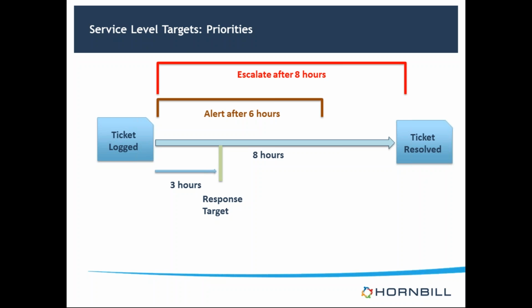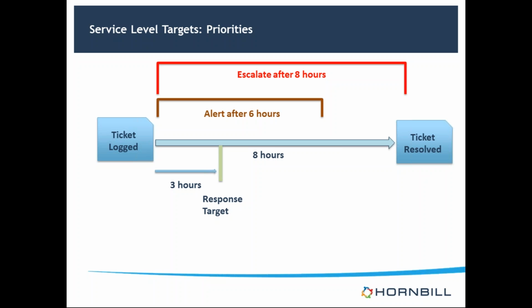We can also define escalations within our priorities. And escalations are used to identify certain points within our targets. Now, taking a look at this diagram that we've got, we can see the different elements that can be added to the priorities that we define in Supportworks.